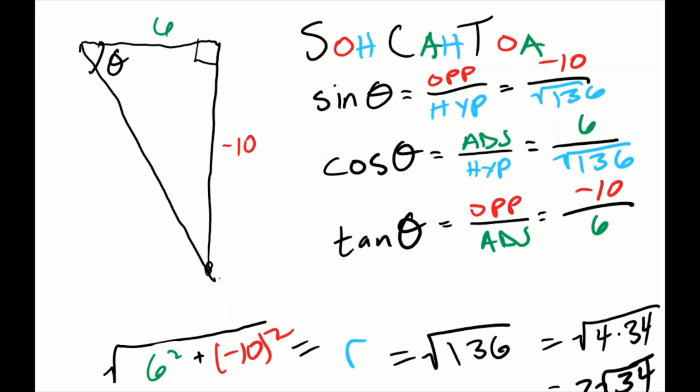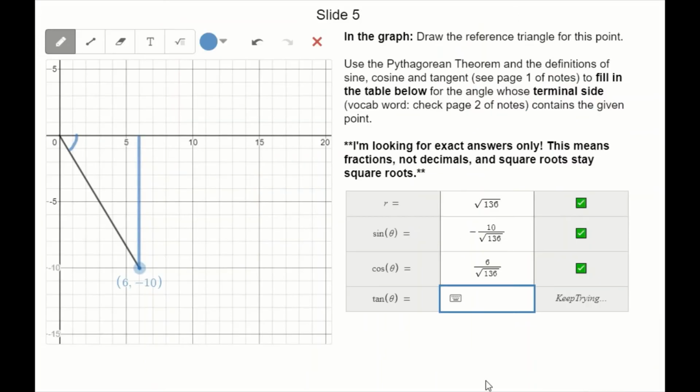Let's go put that in Desmos. So it looks like everything is here. This was negative 10 sixths, but look what it says. It says simplify, right? We can divide both these numbers by 2, so that would be negative 5 thirds. And there we go.